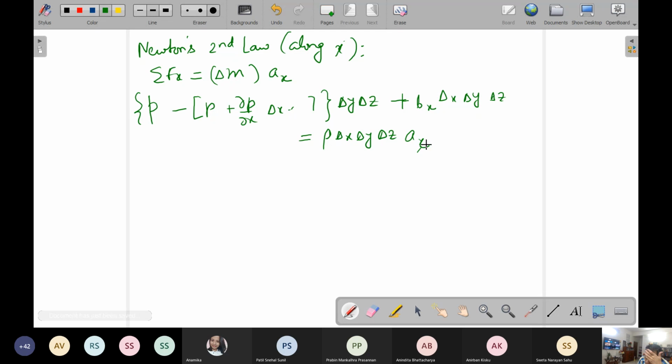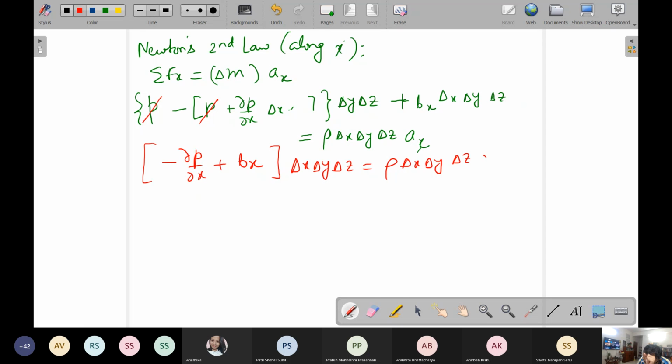So now we will cancel certain terms. This one. So in that way, you have plus higher order terms that I did not write.